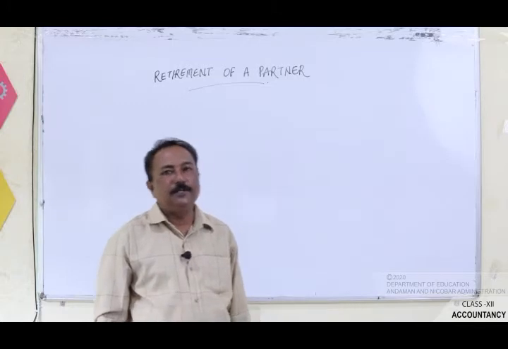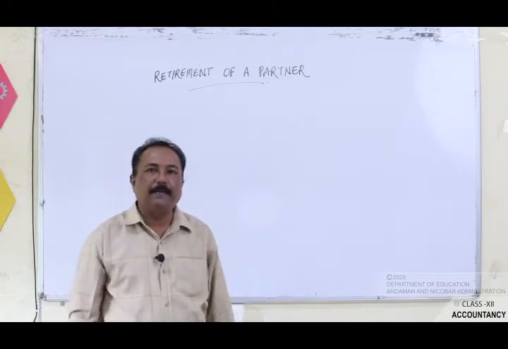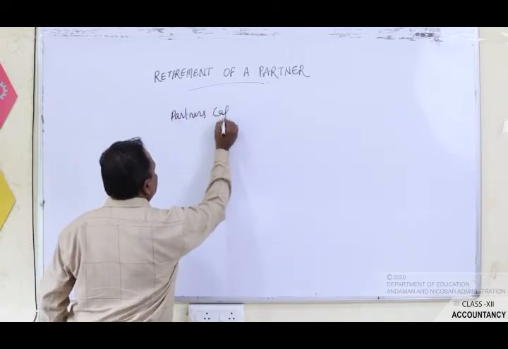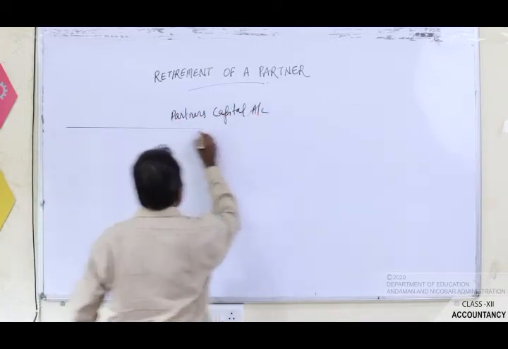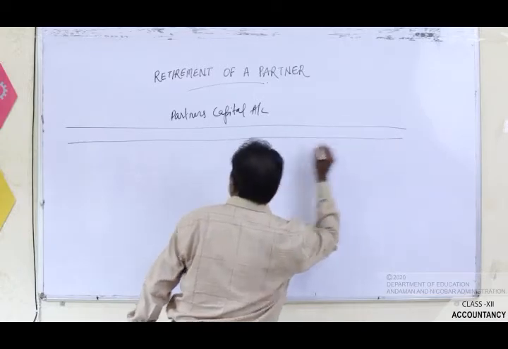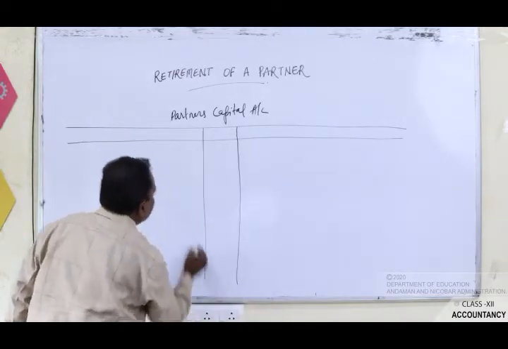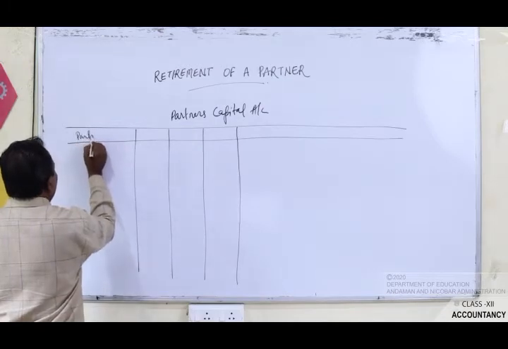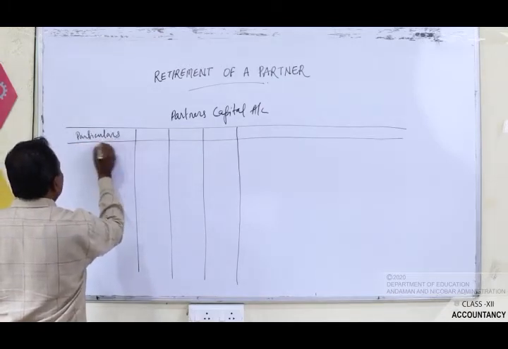Now, after revaluation account, let us prepare the partners' capital account. This is the column for particulars.